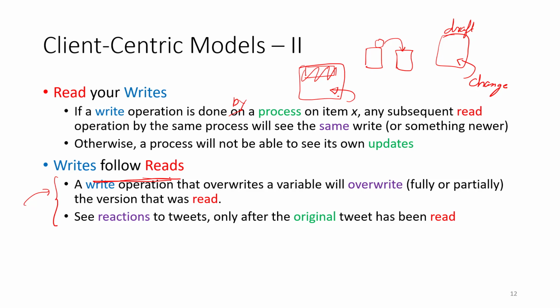Again, one more thing: you have reactions to tweets where a reaction is a write, but that should only happen after the original tweet has been read. It should not be the case that you read a tweet, you react on it, but then you see that the reaction is there but the original tweet is gone. That again should not happen, and atomicity would guarantee that this doesn't happen.